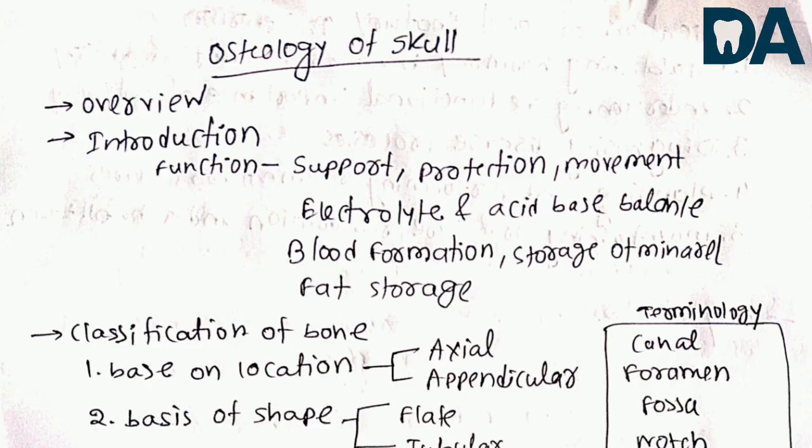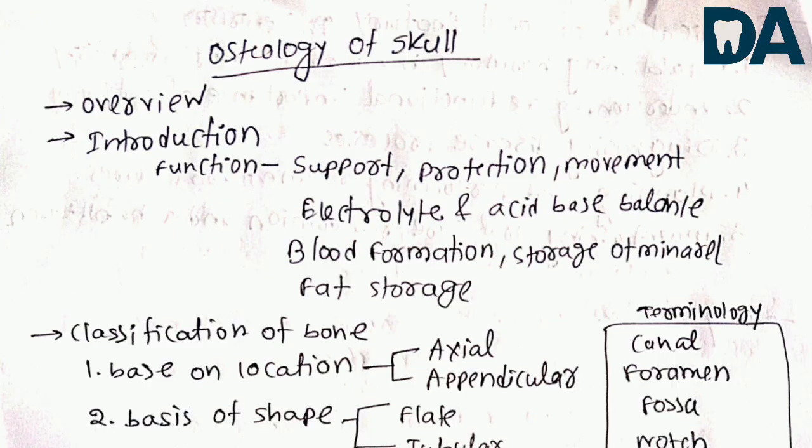and on the basis of histology into compact and cancellous bones. The bones of the ethmoid constitute the cranial bones, where nasal, zygomatic, palatine, lacrimal, vomer, maxilla and mandible consist of facial bone.